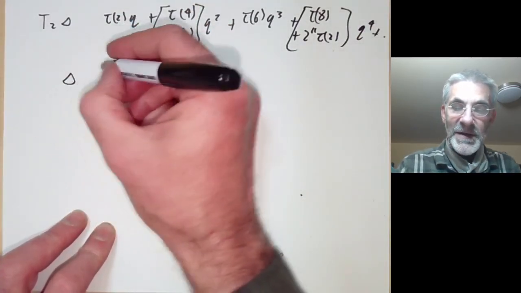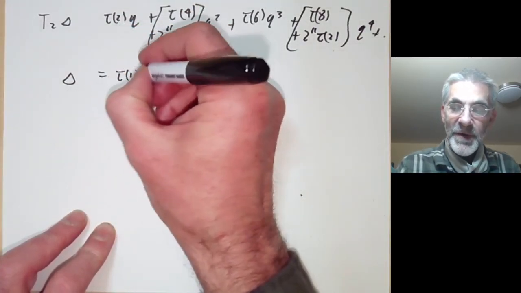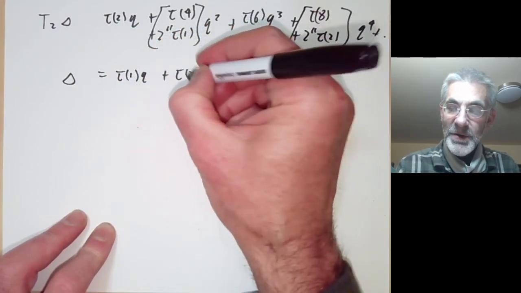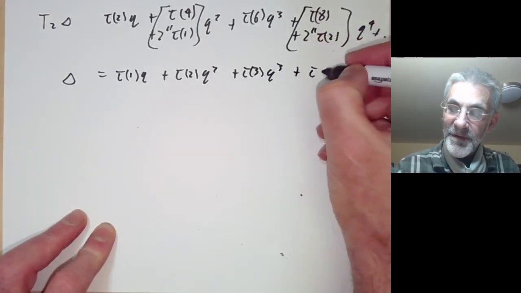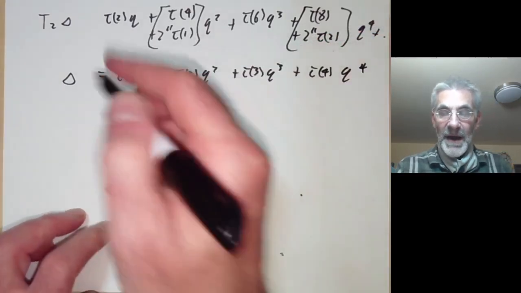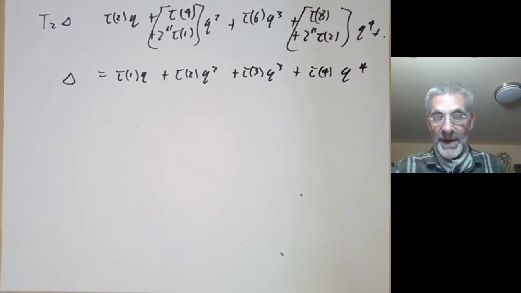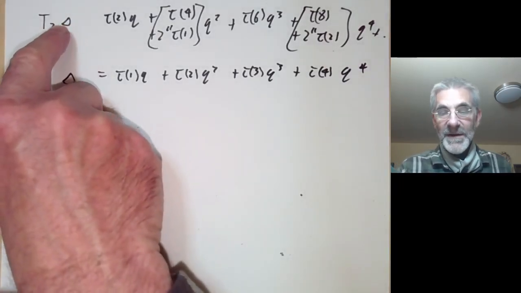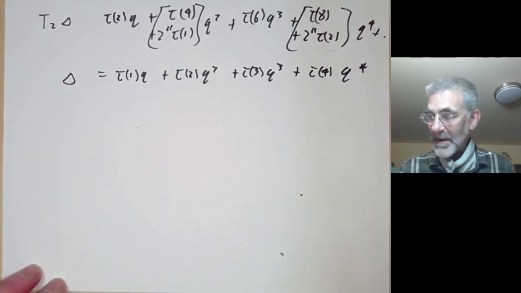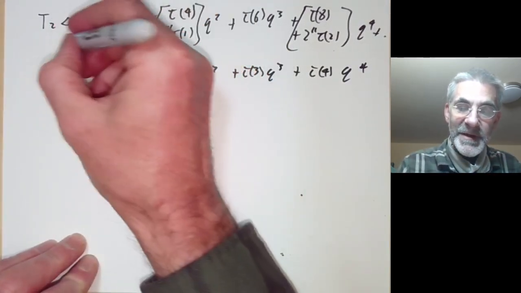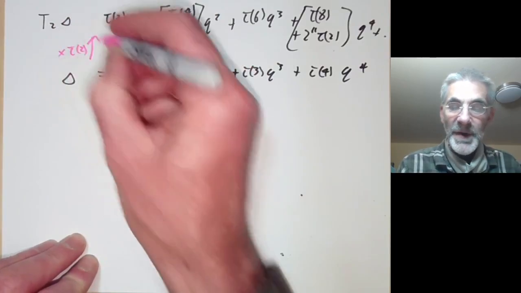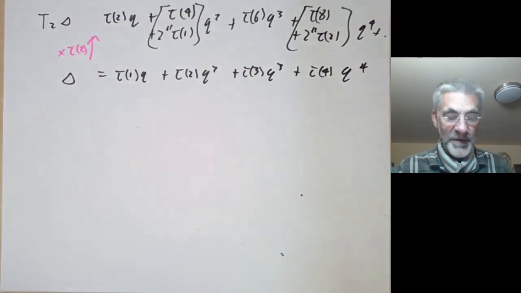And if we look at delta, we see this is just tau 1 of q plus tau 2 of q squared plus tau 3 of q cubed plus tau 4 of q to the 4. And now we notice that T2 of delta is a multiple of delta, and it's obviously obtained by just multiplying by tau of 2, because you can see that by looking at the coefficient of q.